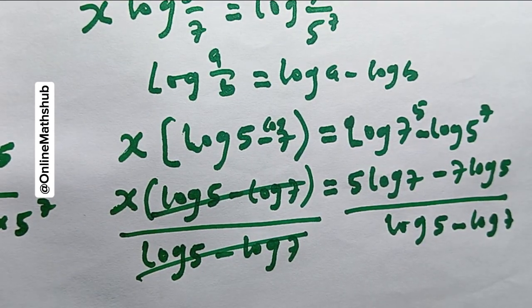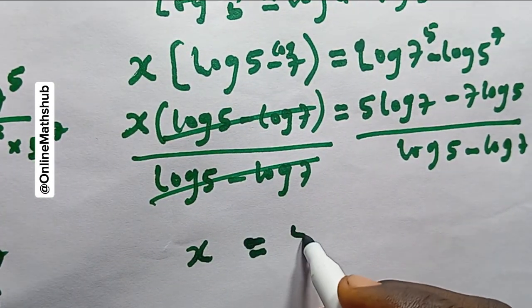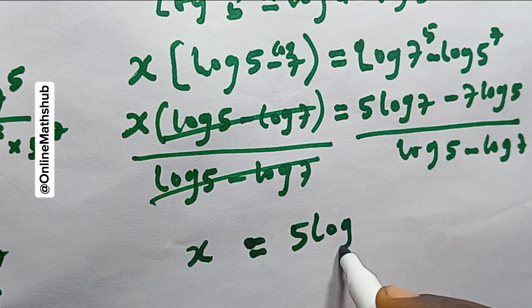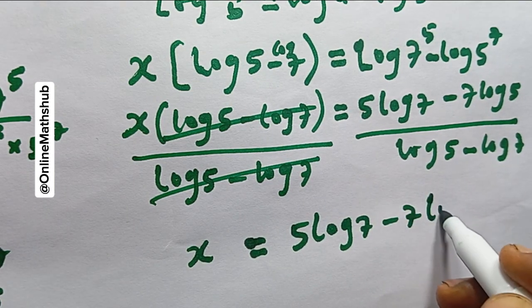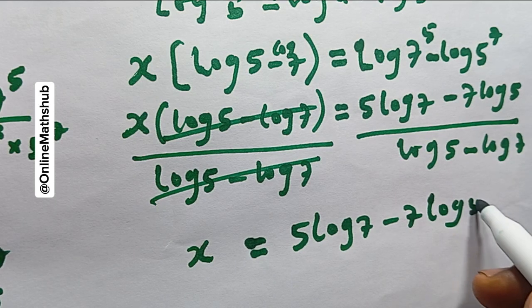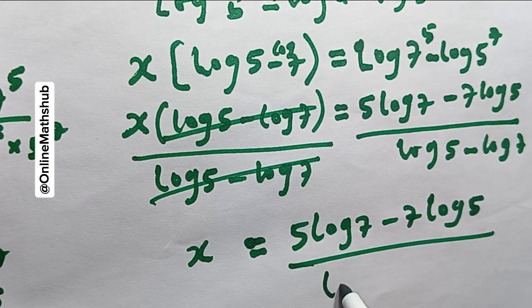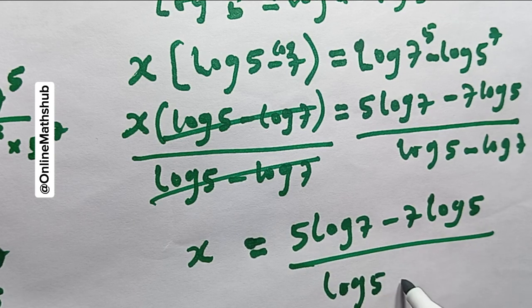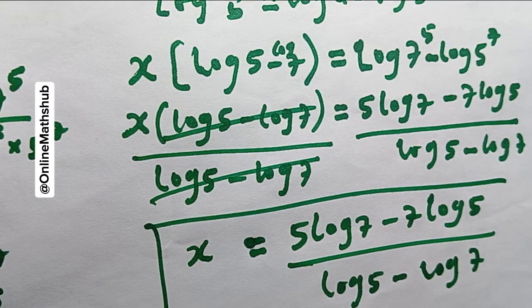Eventually our x now becomes (5 log 7 minus 7 log 5) divided by (log 5 minus log 7). And this is going to be the value of x.